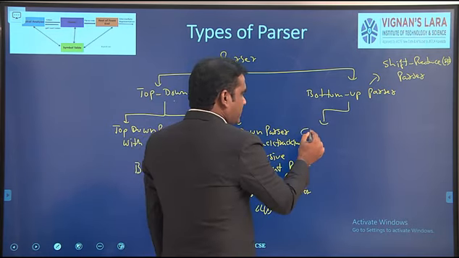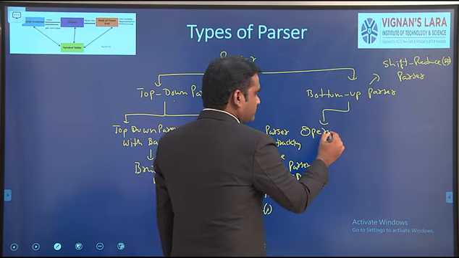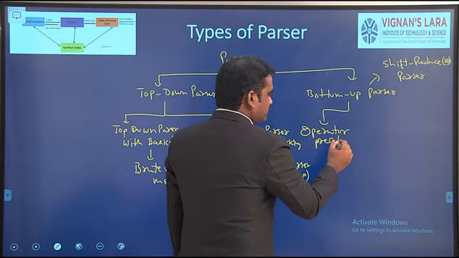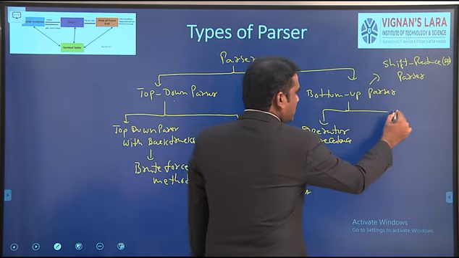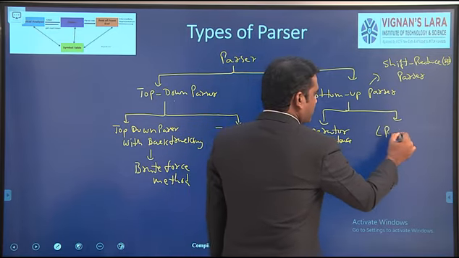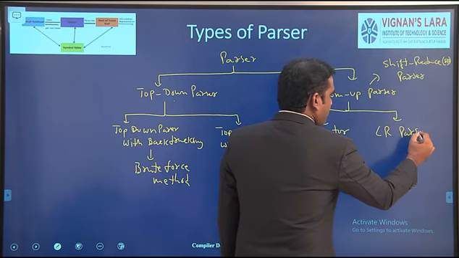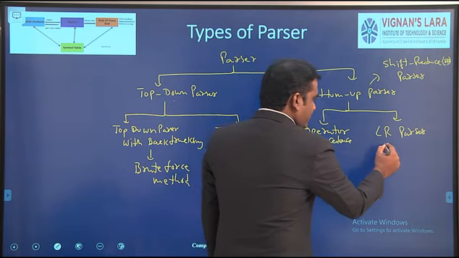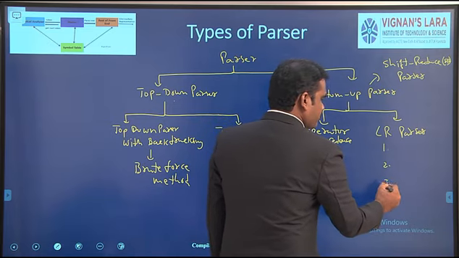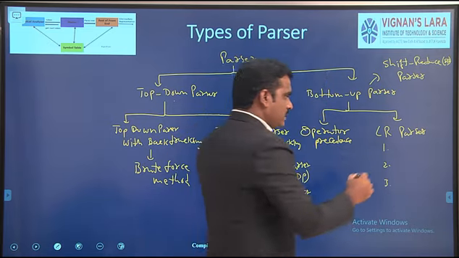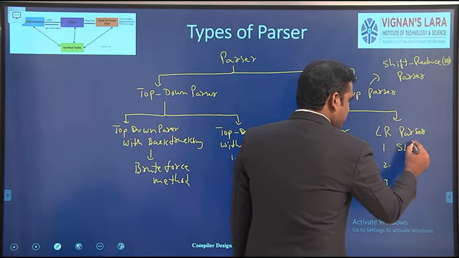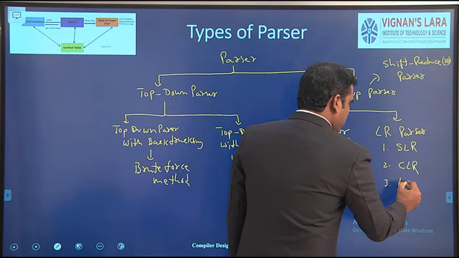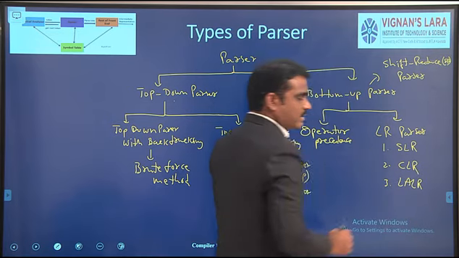One is operator precedence, and the second one is LR parsers. Again, these LR parsers are divided into three: one is SLR, the second one is CLR, and the third one is LR.